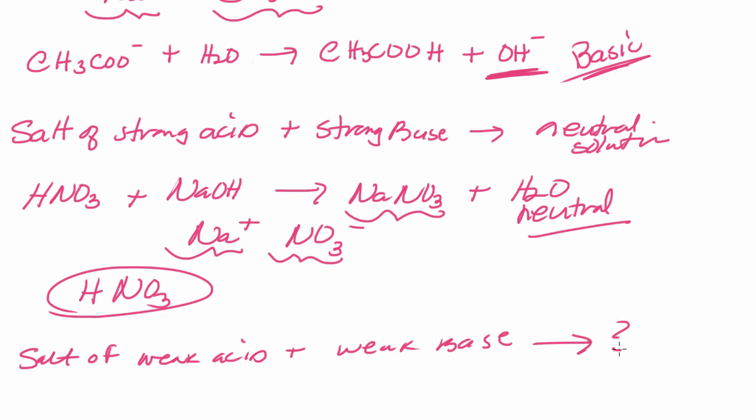So unless we have more information, we can't determine whether the solution will be acidic or basic. What will happen is the ion that reacts to the greater extent with water is going to determine the pH of the solution. So it can either be the cation or the anion. And the only way we would know that is if we were given the acid dissociation constants for both. Anyway, that takes care of this section.